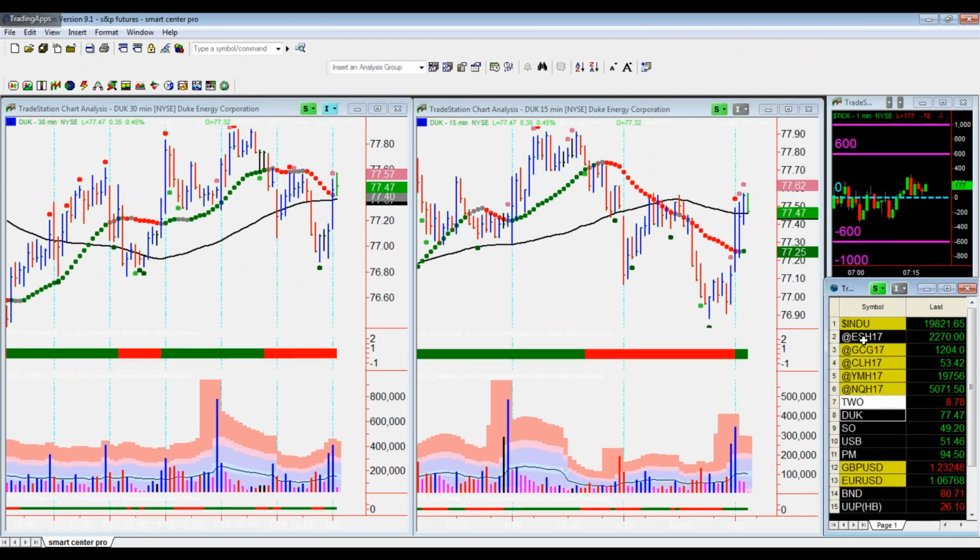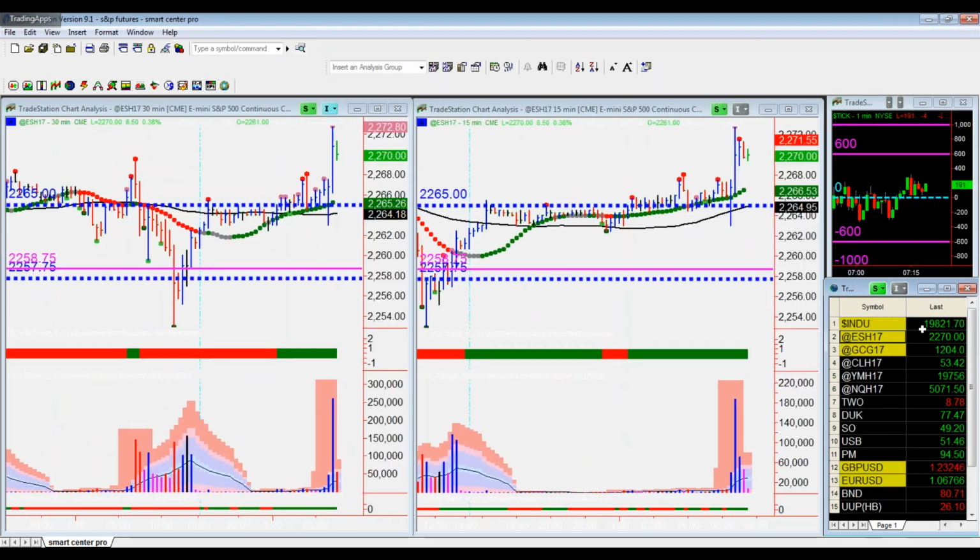Steve, just to let you know, the CAD JPY has triggered and been filled. Can I just show the screen quickly if I can? Sure. It was the Smart Center Pro trade from about 15 minutes ago. I'll just show it just quickly.